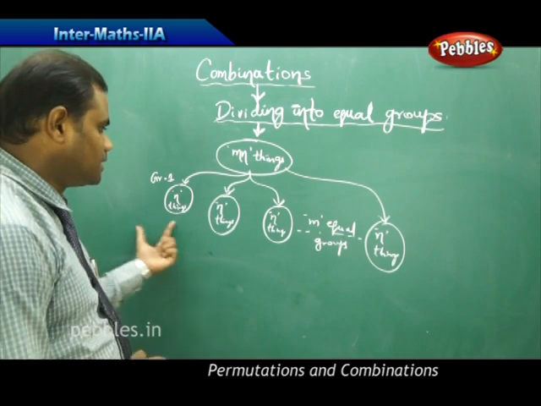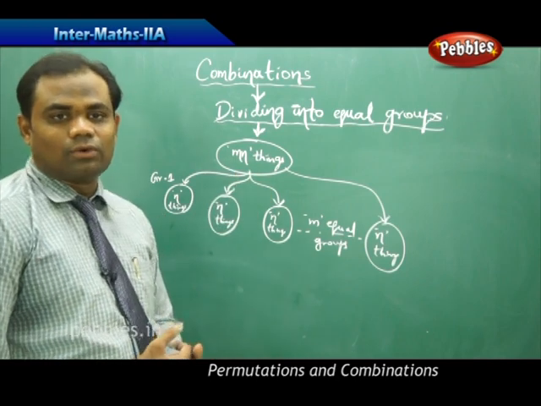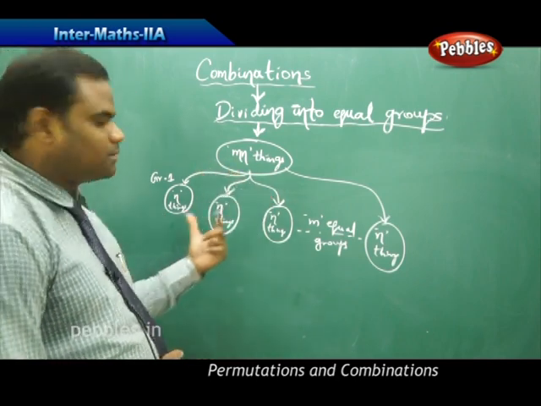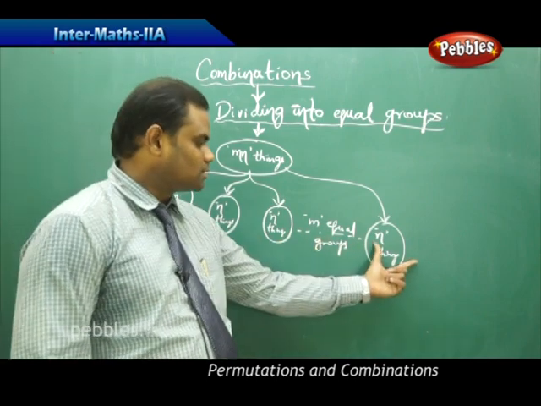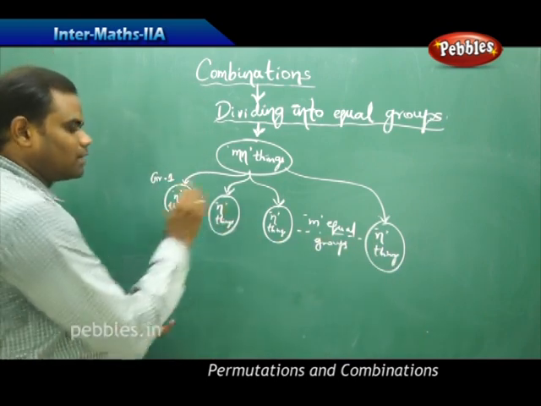When you add up m times, I get mn. So mn things in the original group can be divided into m groups, each with n things.